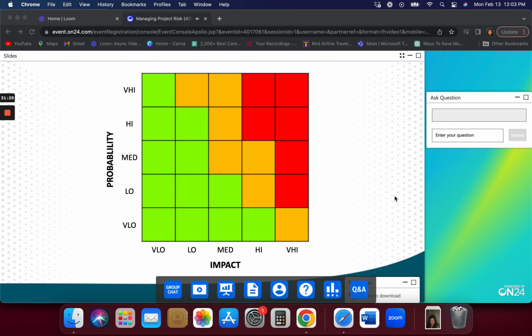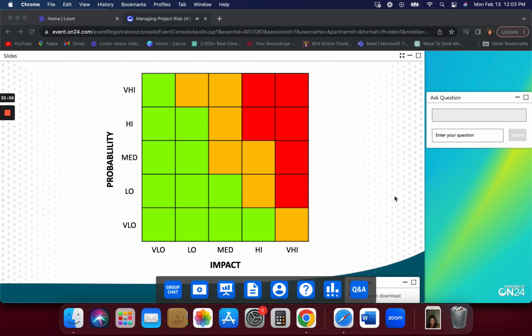Because if they're threats, we want to get them out of that red area, particularly if it's right at the top right, and into the orange area or into the green area. That is, we want to manage our threats to a place where they have a lower exposure, reduce the impact or reduce the probability. However, if we've got opportunities sitting in that area, then what we want to do with them is to exploit them, to make them happen.